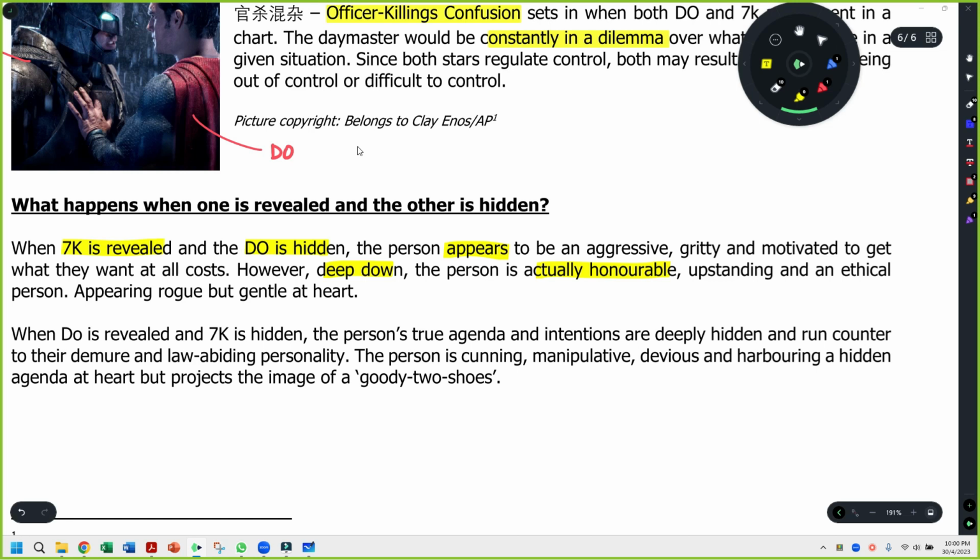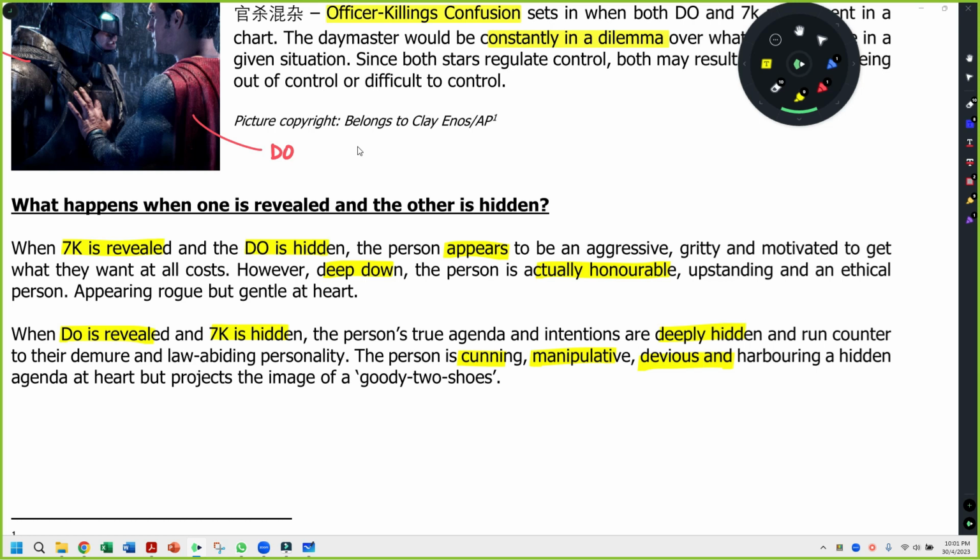On the other hand, when the direct officer is revealed and 7K is hidden, this is the more dangerous one. Because on the surface, this person looks good and honorable. But on the inside, they are mysterious, manipulative, cunning, devious, and harboring a hidden agenda.